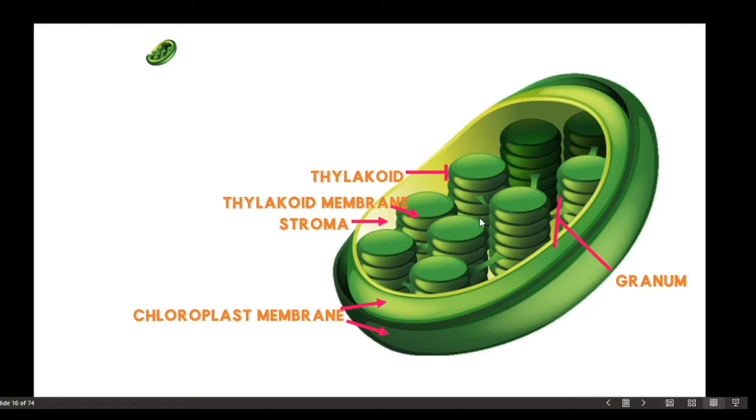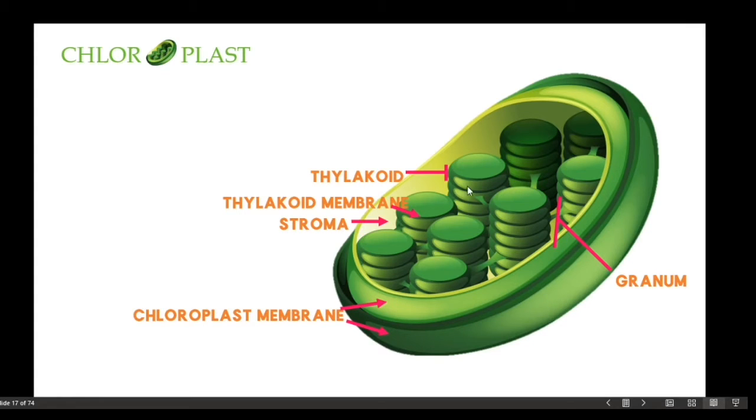Specifically, photosynthesis happens in the organelles found only in plants and other photosynthesizing organisms, and these organelles are found in the mesophyll cells of the leaves. These organelles are called the chloroplast. And a chloroplast has the following parts: an outer and an inner membrane. These two, the outer membrane and then the inner membrane.